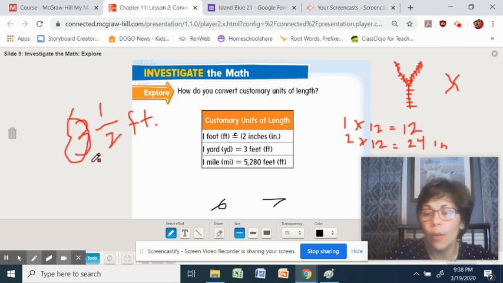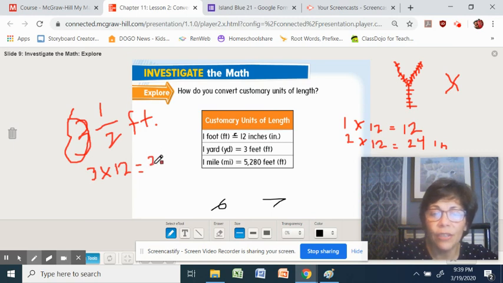So 3 feet times how many inches? 12, because 1 foot is equivalent to 12. So if you multiply it 3 times, that will give you the equivalent. So 12 times 3 is what? 36 inches.